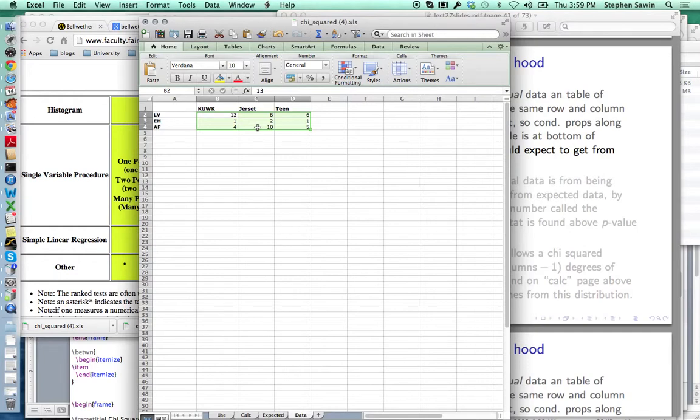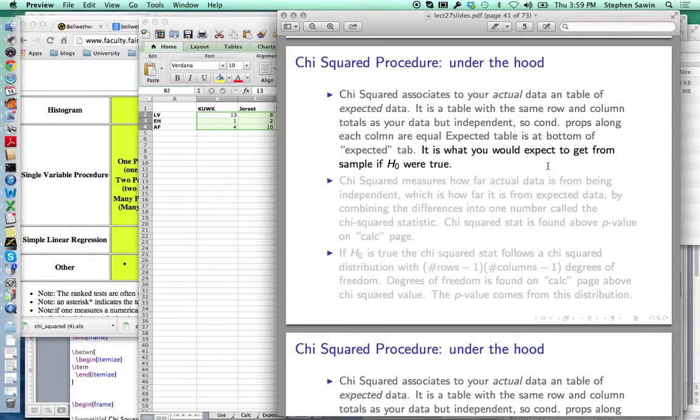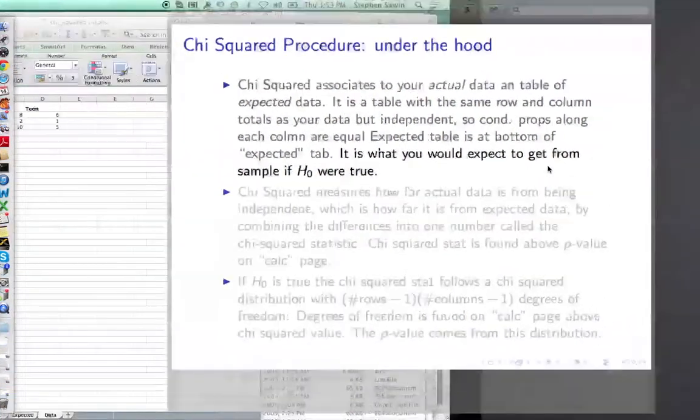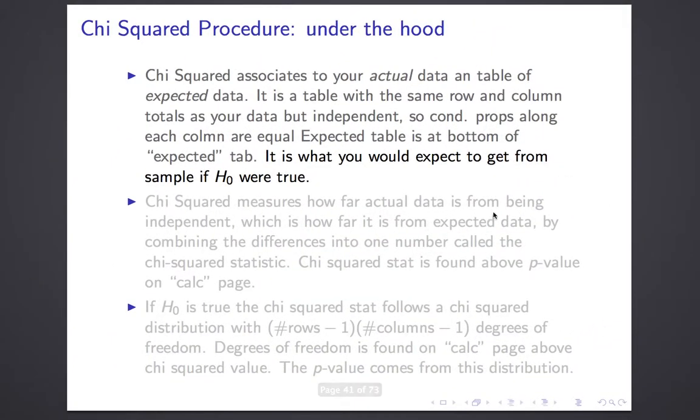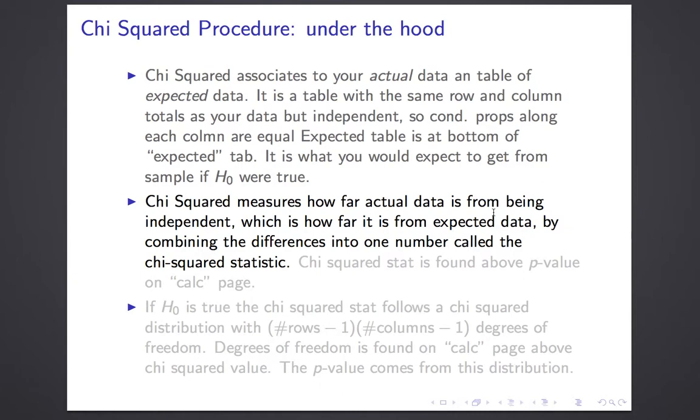The chi-squared measures that distance. It looks at the differences of each of those cells and combines them in a certain way that, when the variables are independent, one can prove that this chi-squared distribution follows a set distribution that we can compute.